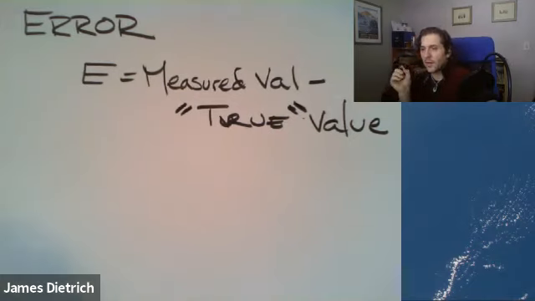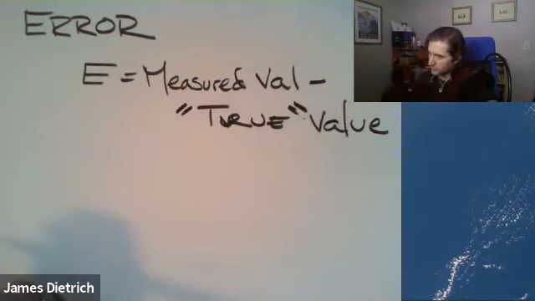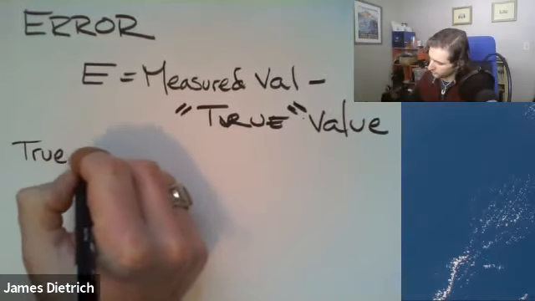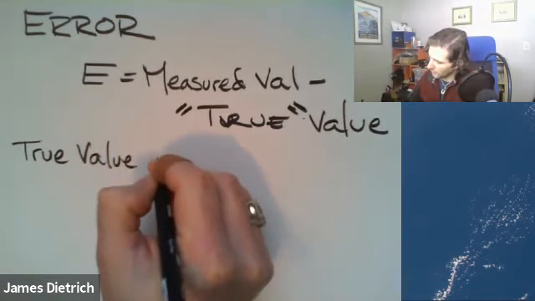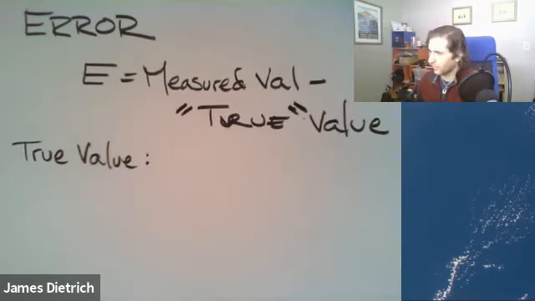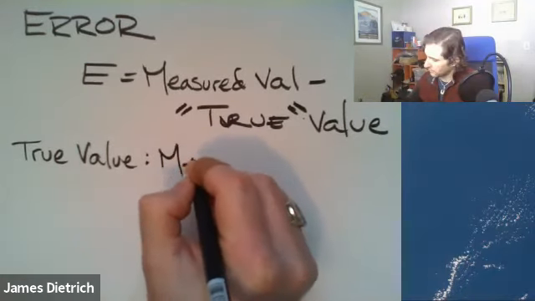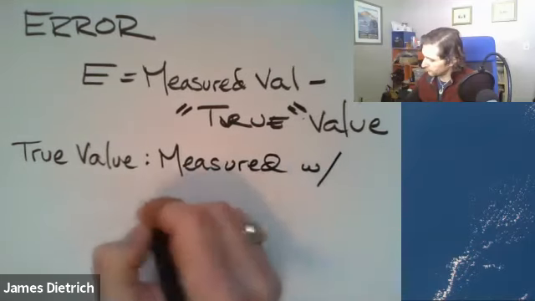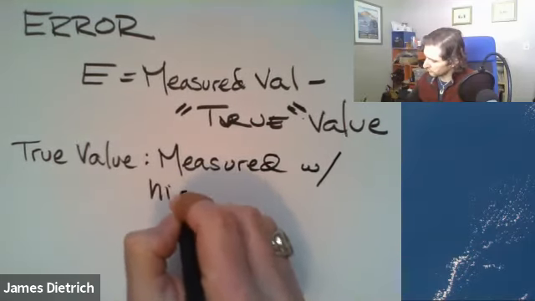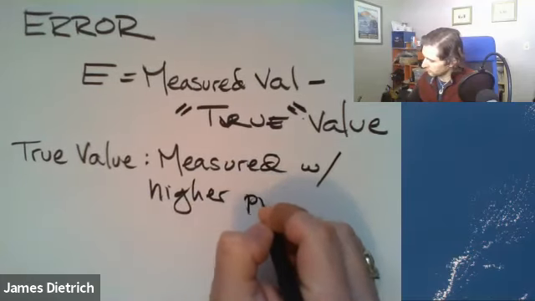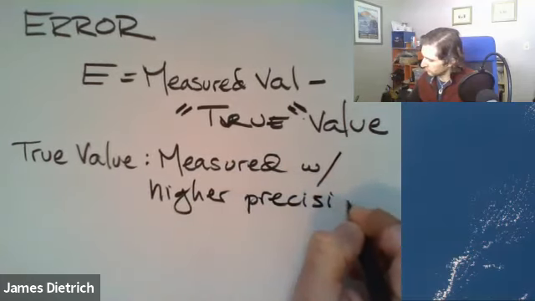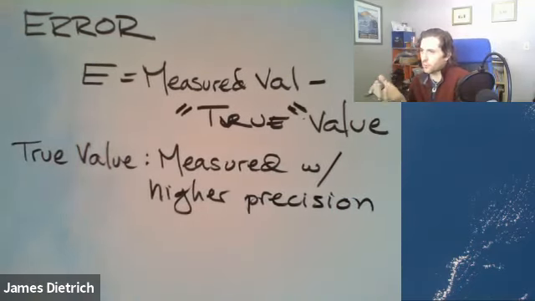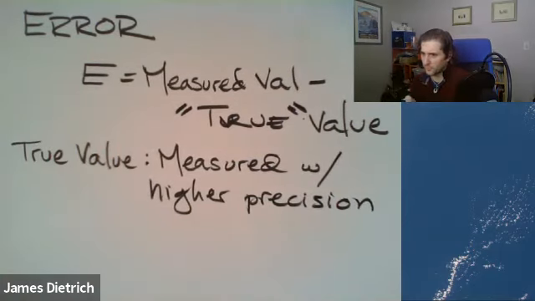But the reality is that usually we just think about the true value as a value that's measured with what we call higher precision. And we'll talk about accuracy and precision in just a second.